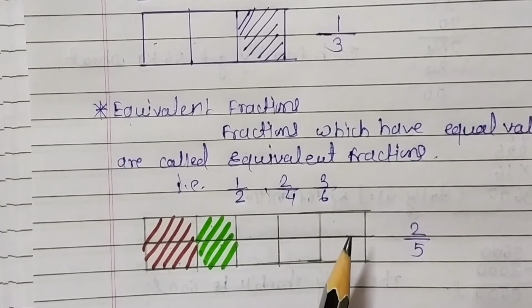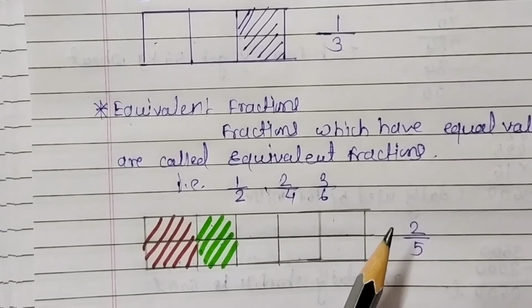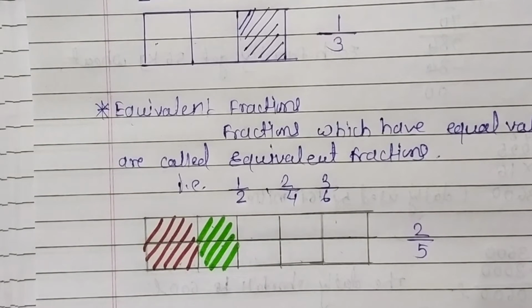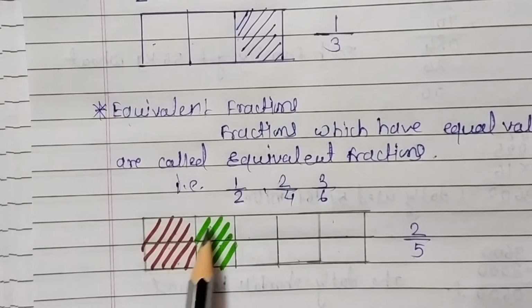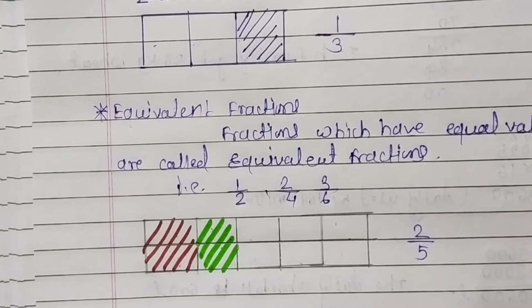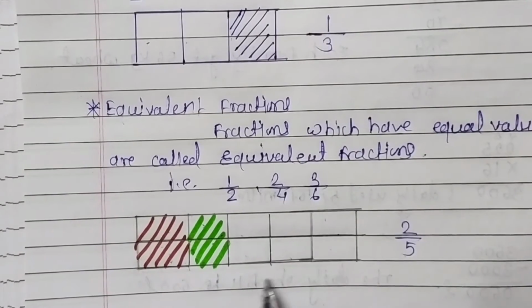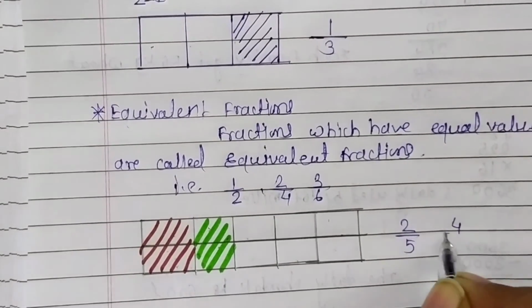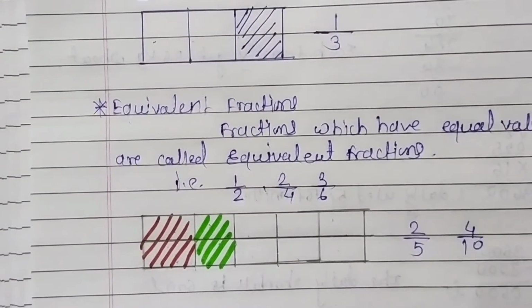It has 10 parts now. And from them 1, 2, 3 and 4 parts are colored. So I write the given fraction as 4 upon 10.